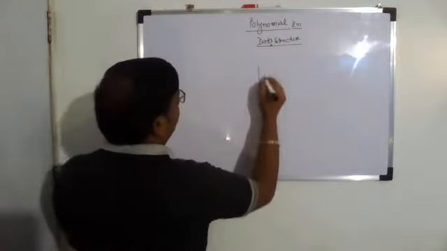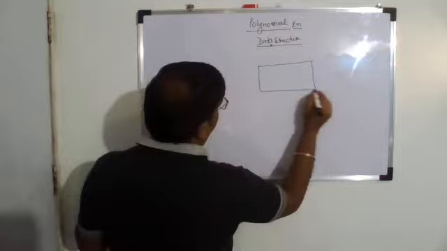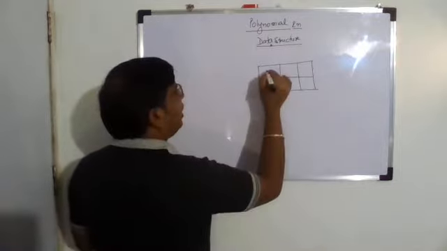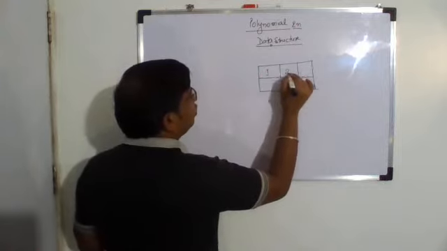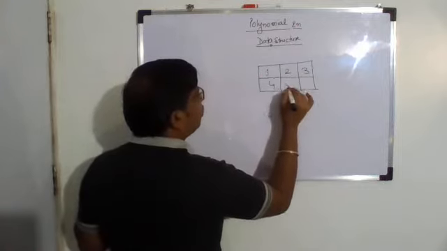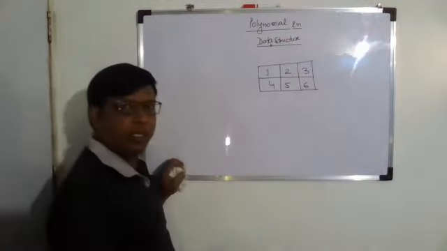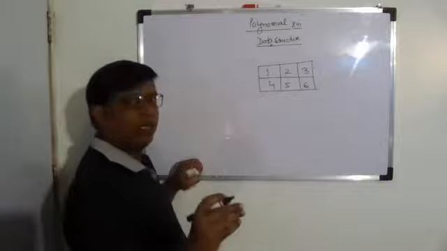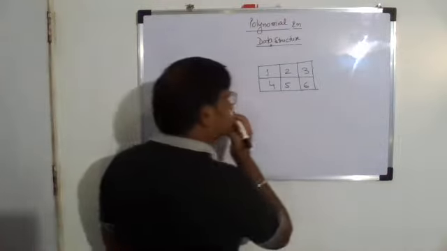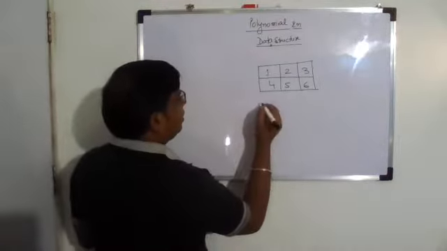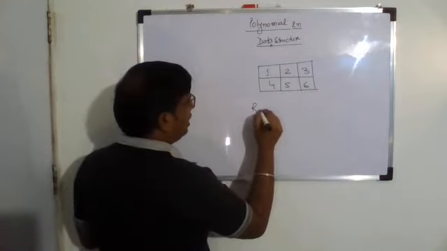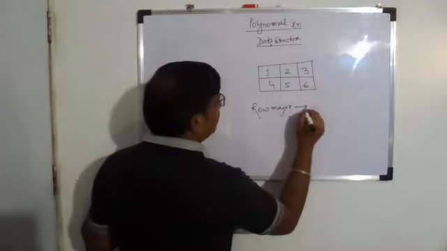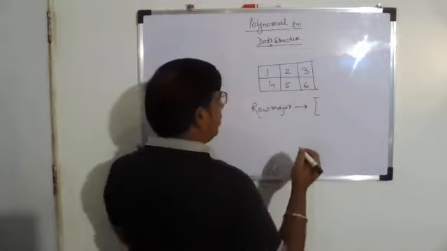So let's understand what is a row major concept and a column major concept. So let's assume that I have an array of size 3 by 2 and the elements in them are 1, 2, 3, 4, 5 and 6. This means we are representing an array with 2D representation, that is 3 columns and 2 rows. Now let's understand. So when I say row major, the data is read in form of rows, right?